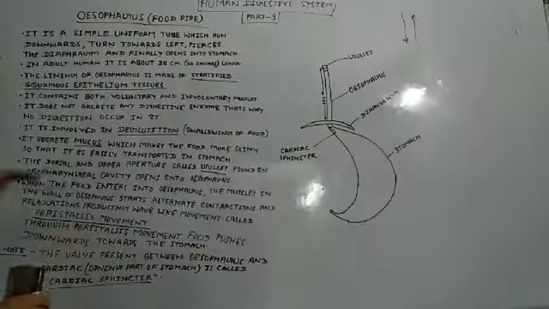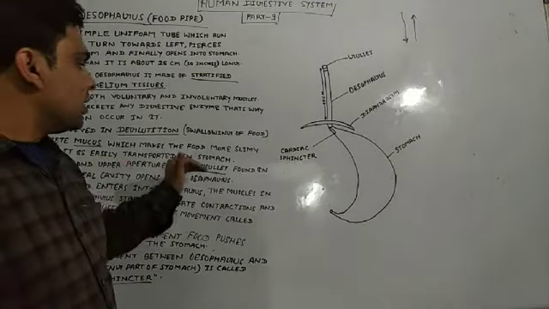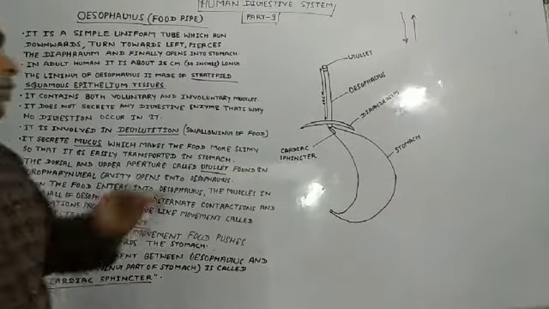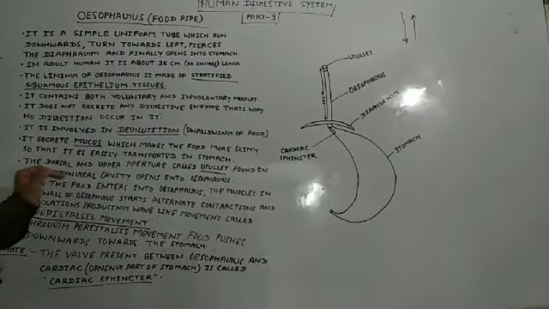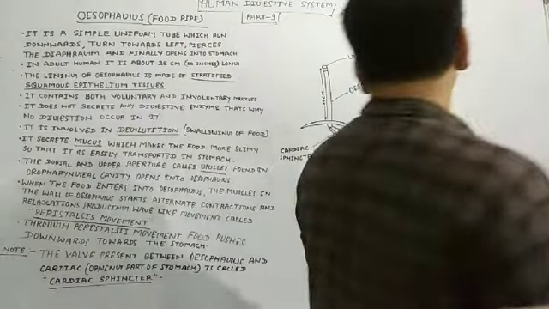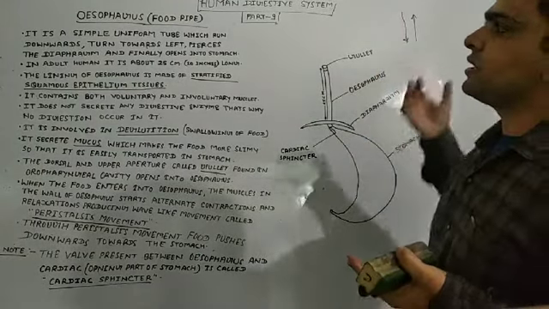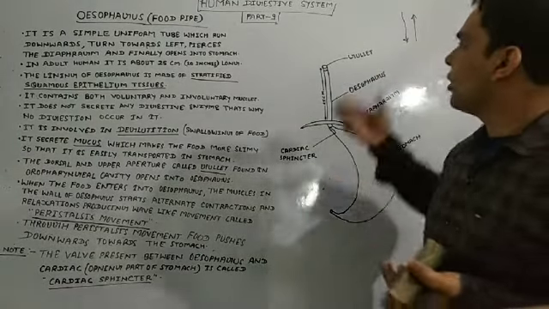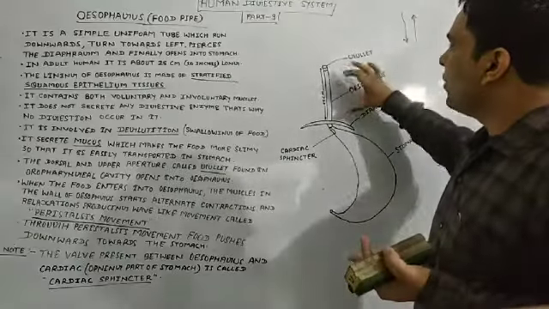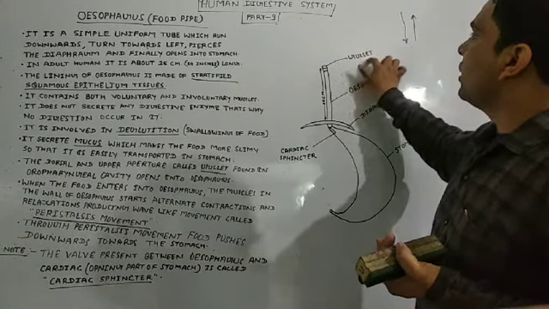Clear, students? Next point. The dorsal and upper aperture called the gullet, found in the oropharyngeal cavity, opens into the esophagus. We have already discussed this point when discussing the pharynx. The opening of the esophagus is called the gullet.